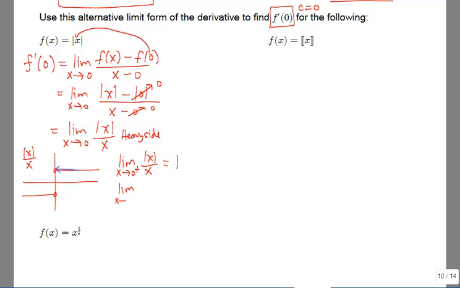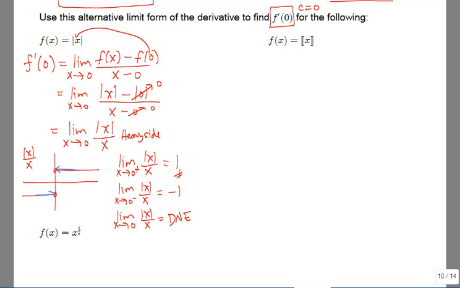If we come from the left side of 0, then we're traveling in this direction towards 0, and all those y values are -1. So that means the two-sided limit does what? Well, since the left-hand limit was -1 and the right-hand limit was +1, and these do not match, the two-sided limit is DNE.